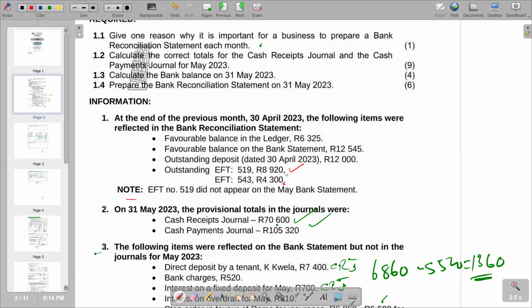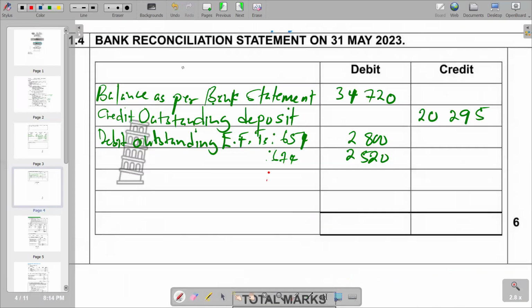If they just leave it there, it has to be reinstated in the current bank reconciliation statement. So we are going to take EFT 519, 8,920, and put it there.